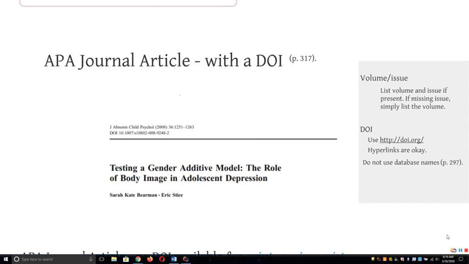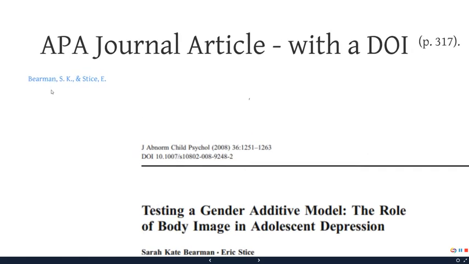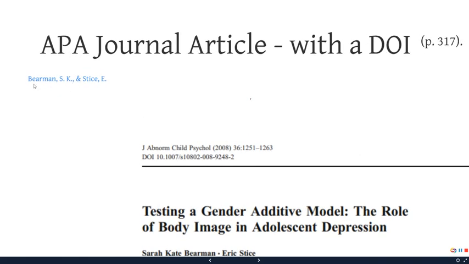For the authors, we're going to do last name followed by a comma and then the initials. Here we have someone named Behrman, comma, S. period, space, K. period, comma, and there's a second author. So we use an ampersand, and then we have Stice, comma, E. period.